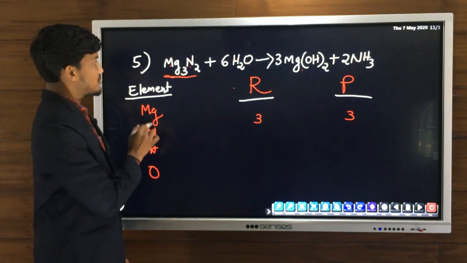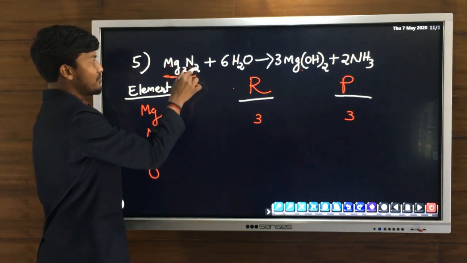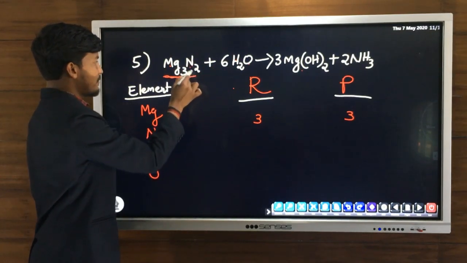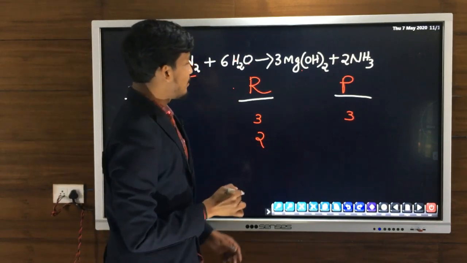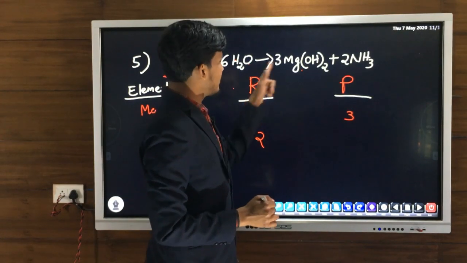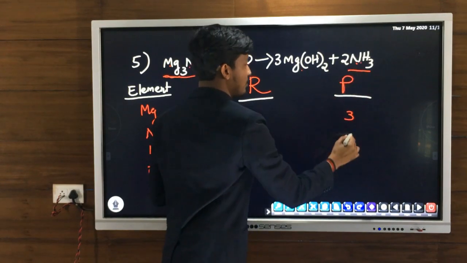Now the second one, nitrogen N. Nitrogen is only in the first reactant, in Mg3N2, 2 nitrogen atoms, so the number of N on the reactant side is 2. Now on the right side, nitrogen is only in the second product: 2 into 1, 2 nitrogen atoms.